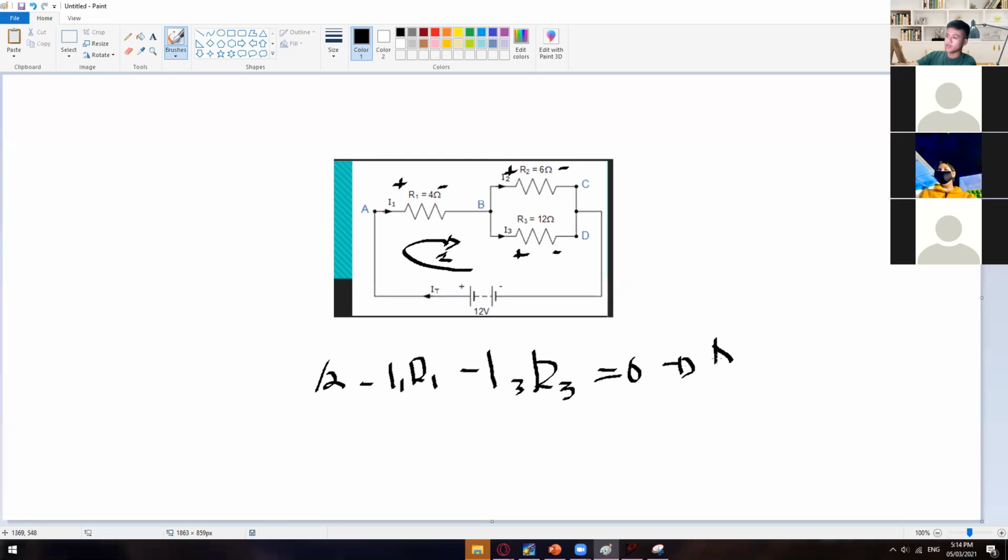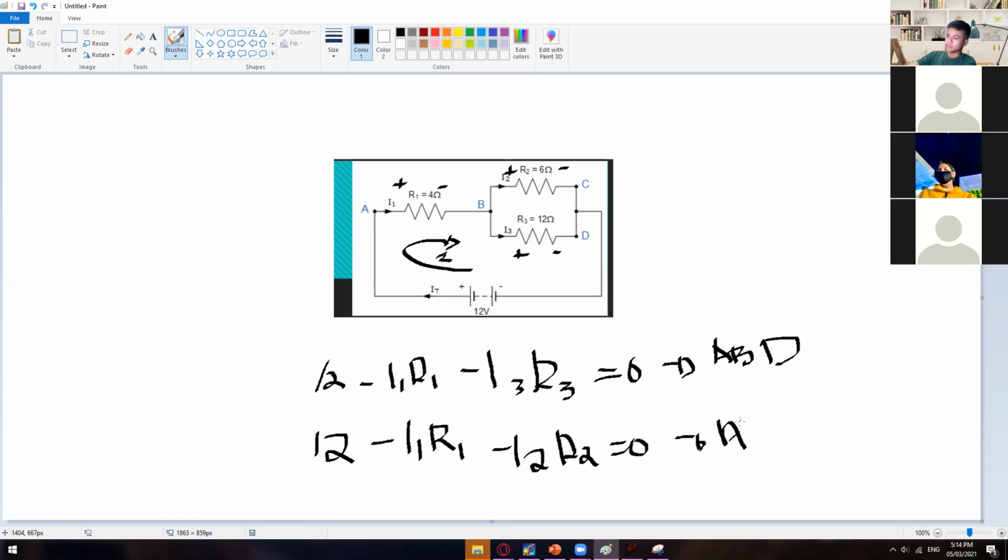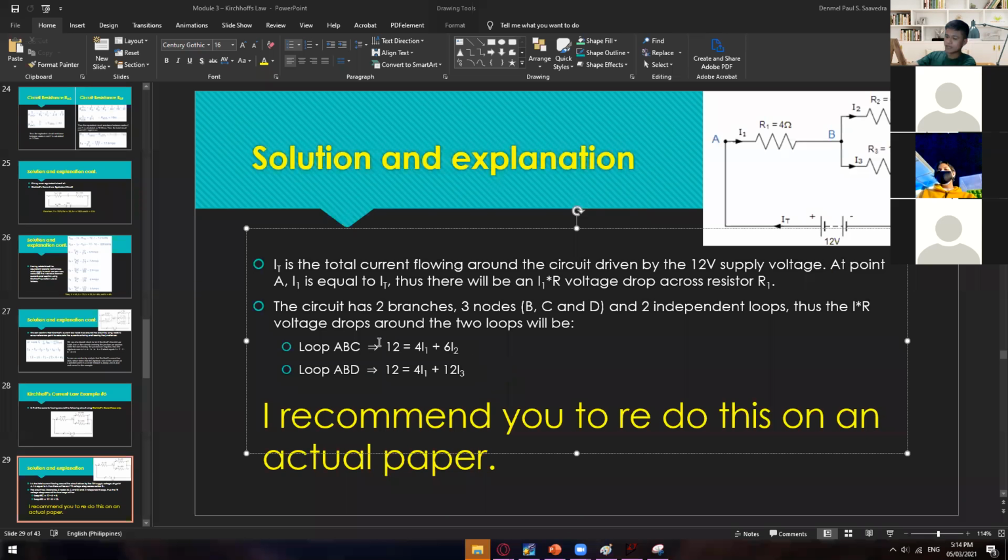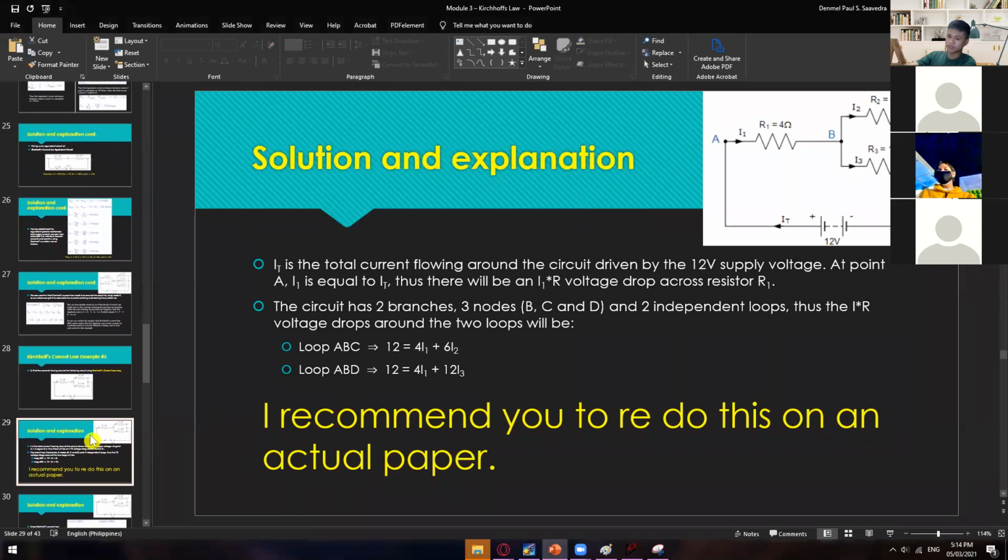Nasa loob. And then the outer side is A, B, C: positive 12 volts minus I1 times R1 minus I2 times R2 is equal to 0. So this is your loop A, B, C. So that's how we got those two expressions.